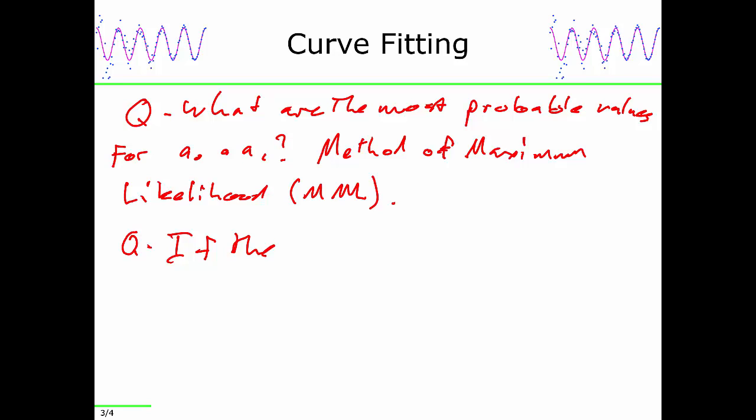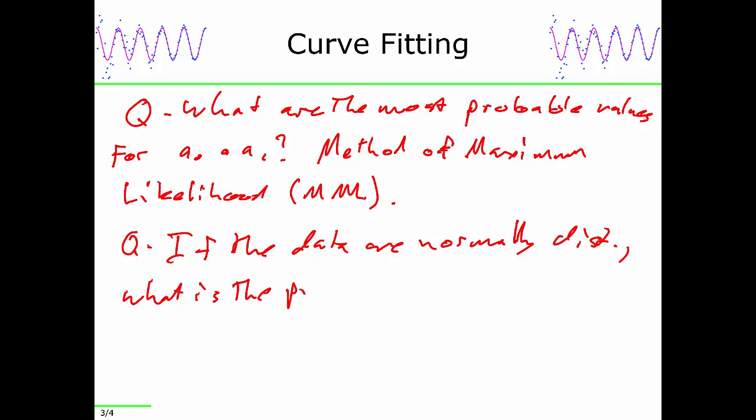If the data are normally distributed, what is the probability of observing a particular value of y?